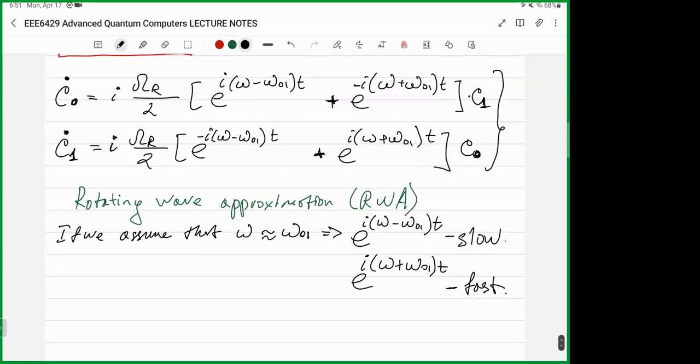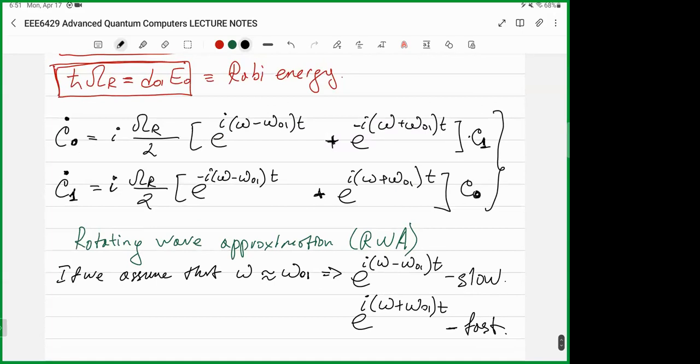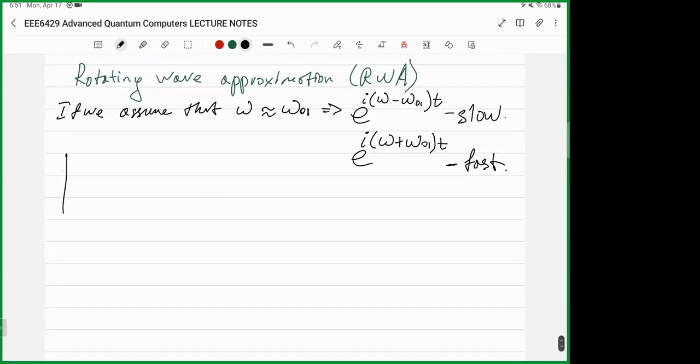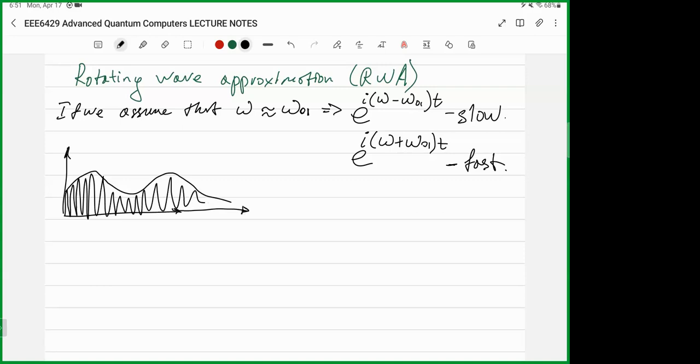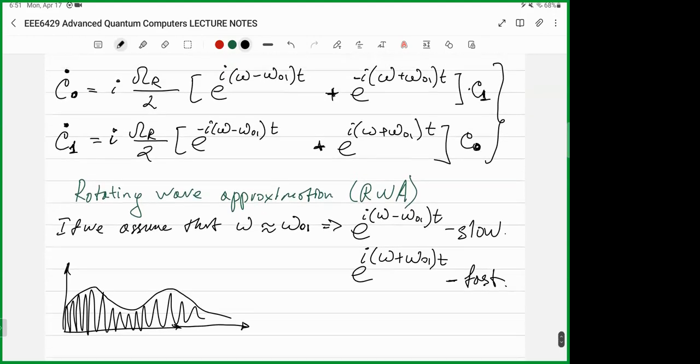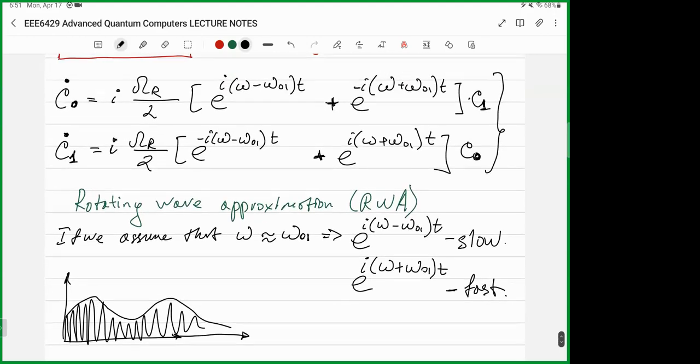And if we could solve these two equations, we would get the dynamics like slow dynamics filled with this fast dynamics. Usually we are interested in this slow part of the dynamics, so we can omit the fast oscillating parts.